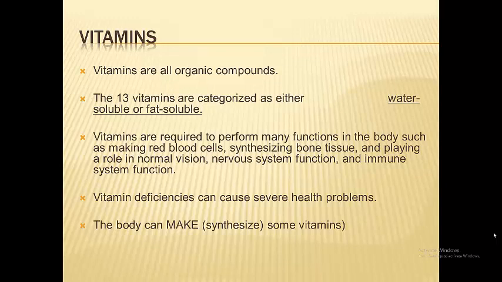So the fascinating thing is that the body can actually synthesize some vitamins, make some. Let me give you an example. Vitamin K. Your colon, your large intestine, if you recall, is made up of a lot of bacteria. There's good bacteria and bad bacteria. And so that bacteria that's good is good because it does things like make vitamin K. So all of us as adults were exposed to all kinds of things in our world.